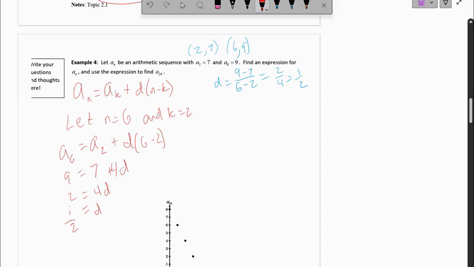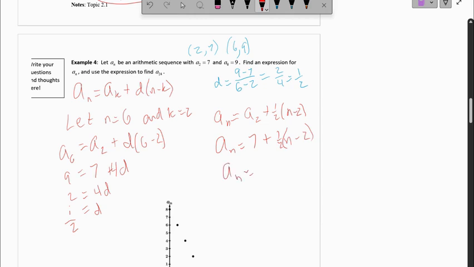Either way, once you get what your D is, then you can do exactly what we did in the last example. And you could choose either of the 2 points. I'm just going to choose the one with the smaller number. So I'm going to say a sub 2 plus 1/2 n minus 2, and plug in that 7. So 7 plus 1/2 n minus 2, and distribute out.